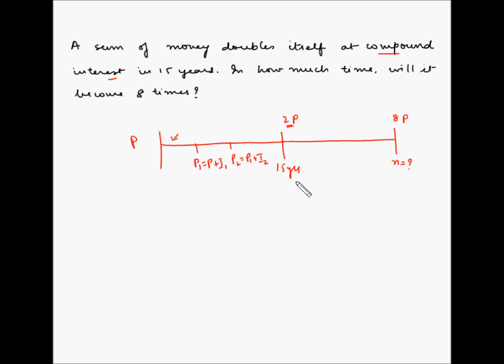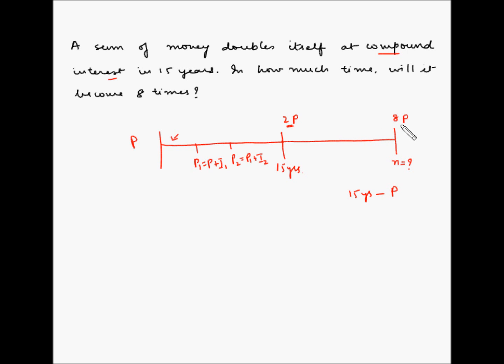So if it was simple interest, in 15 years the interest we have gained is equal to P, because the total amount is 2 times P, which includes the original principal P as well as the interest, which if it was simple interest would have been P, and we want to find out when it becomes 8 times.